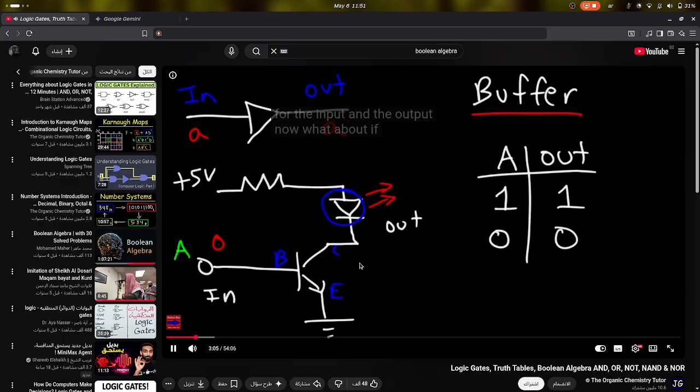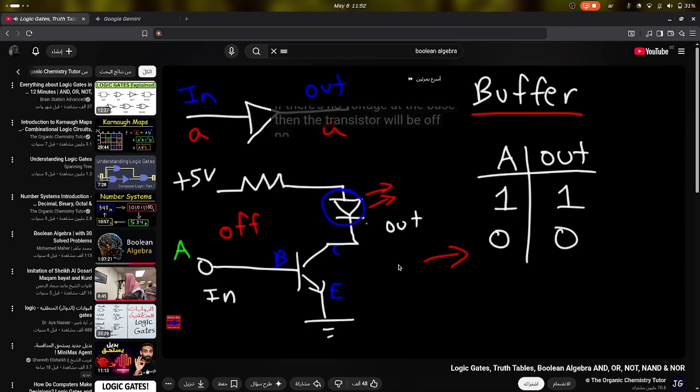Now, what about if the input is off? So in this case, we have a 0 at the input. If there's no voltage at the base, then the transistor will be off. No current will be able to flow from the collector to the emitter.